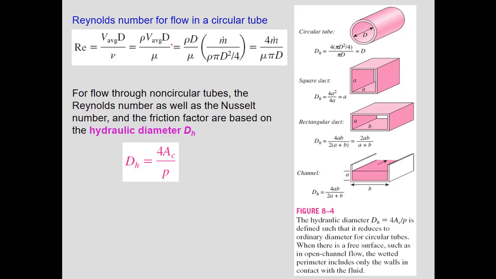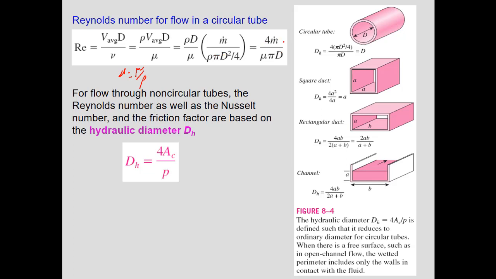By rearrangement of these, if you remember, this kinematic viscosity was equal to mu divided by rho, and if you put it here, you have this equation, rho V average D by mu. Then we can bring out this rho D by mu, and substitute this V average from the previous slides. If you go to the previous slide, you can find that.